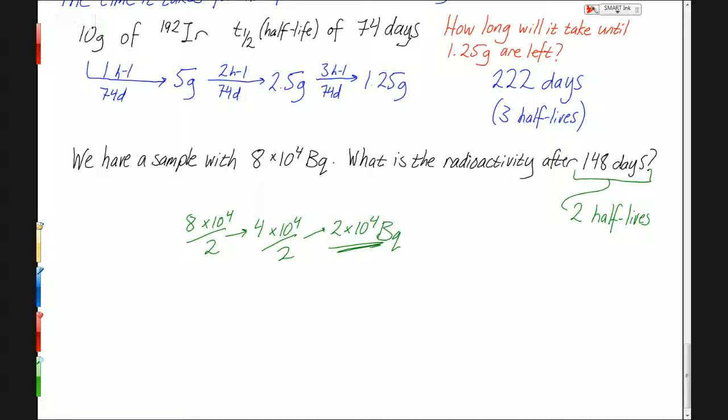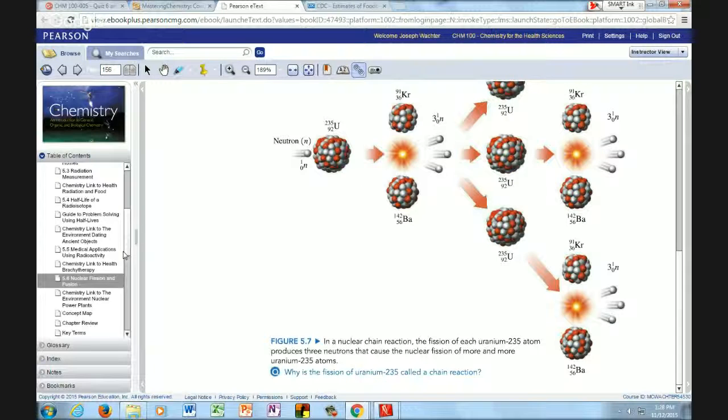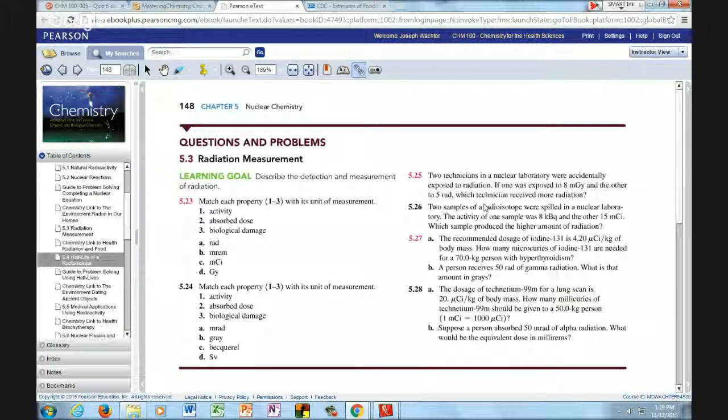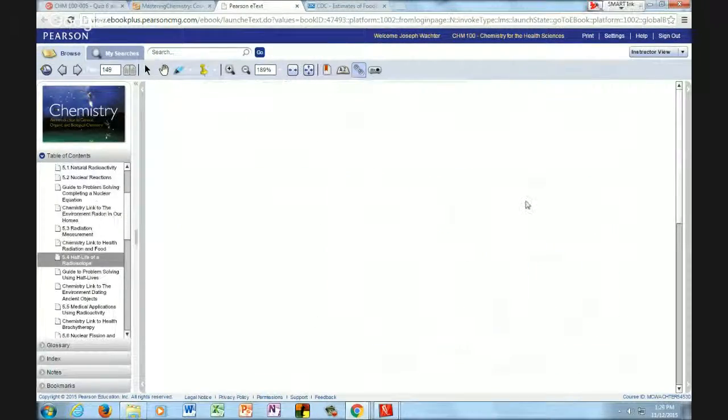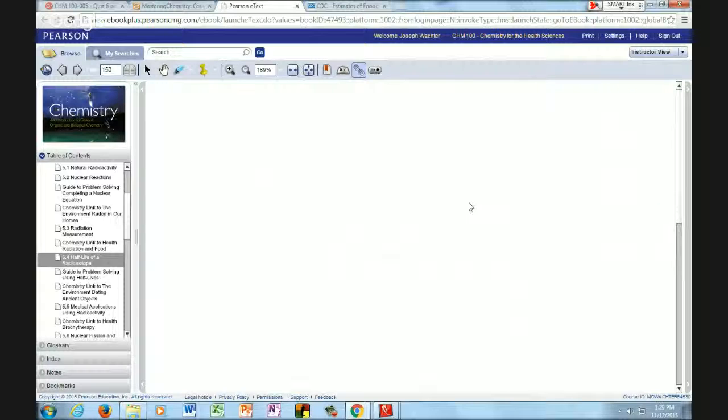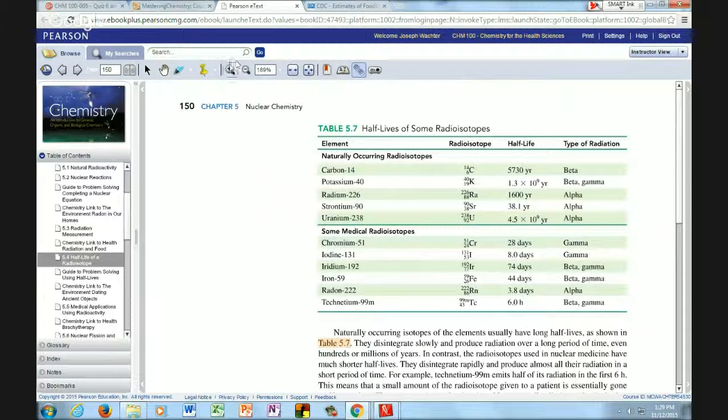So this is a compound that may not be great for something like radiotherapy because it's going to be a long time before all that stuff finally breaks down. That's one of the reasons that the technetium isotope is used so much. I'll show you this chart here.